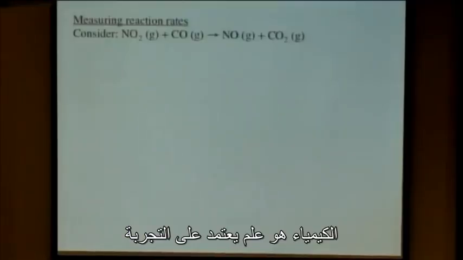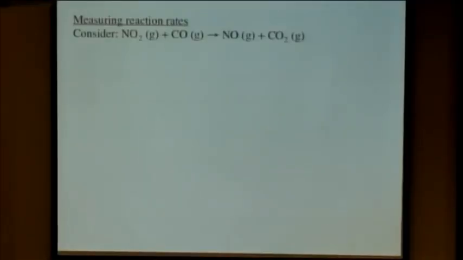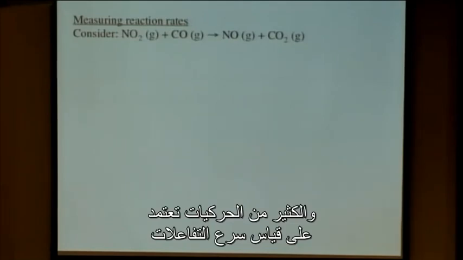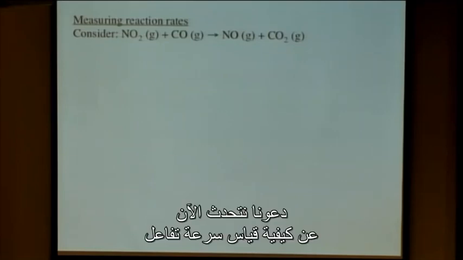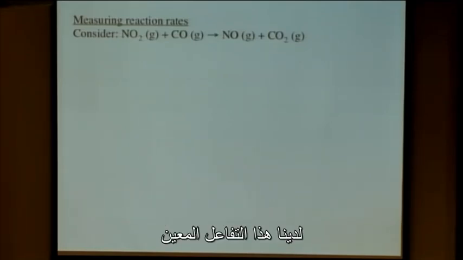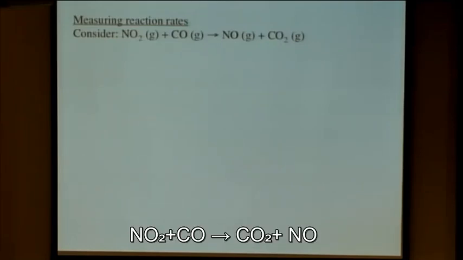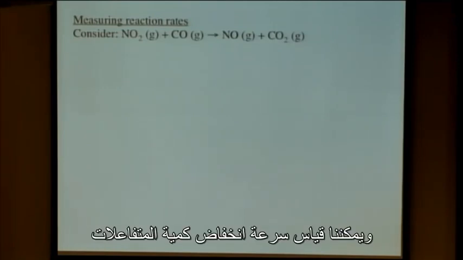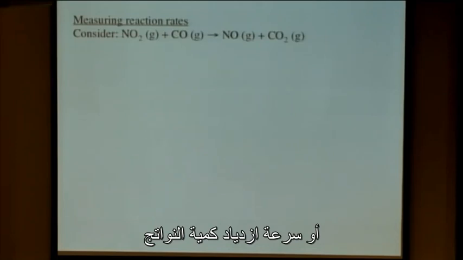So now chemistry is an experimental science, and so a lot of kinetics are involved with measuring the rates of reactions. So let's talk about how one might measure the rate of a reaction. So here's a particular reaction. We have NO2 plus carbon monoxide going to NO plus carbon dioxide, and one could measure the rate of decrease of the reactants or the amount of increase of the products.